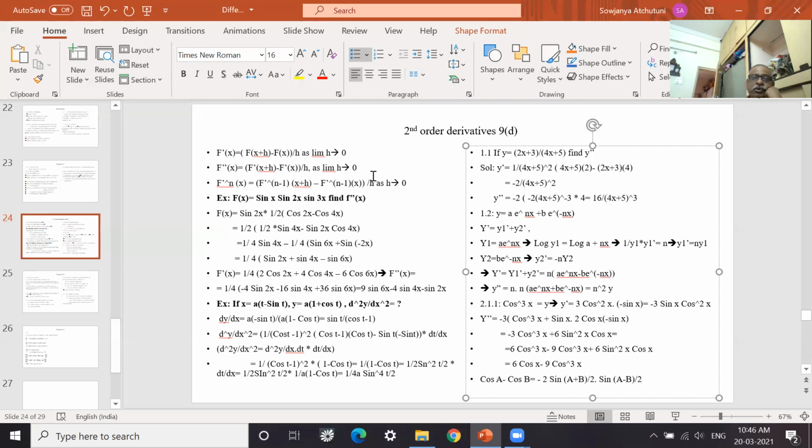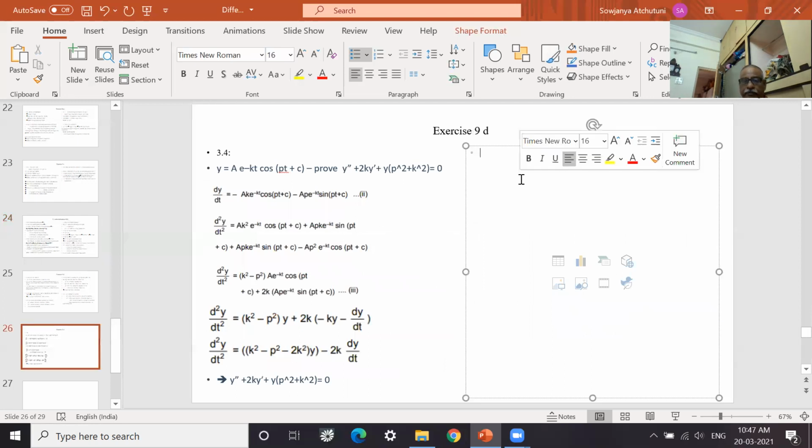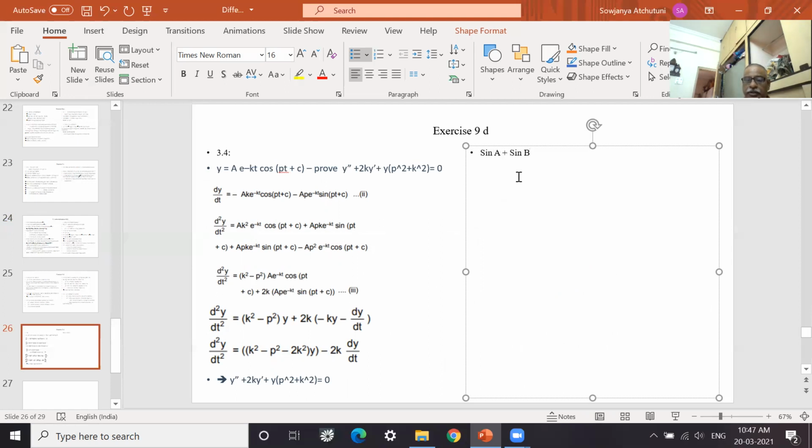So what is it that we have to learn in this exercise? We should have a thorough knowledge of all these conversions. Cos A minus cos B, let us see here. Sin A plus sin B is equal to 2 sin((A plus B) by 2) into cos((A minus B) by 2).